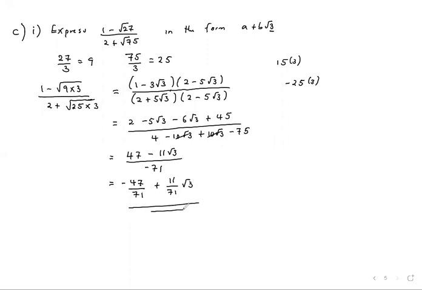Plus, because there's a negative coming from the denominator, we're taking care of that negative. We've used the property that root of A multiplied by B is the same as root A multiplied by root B.